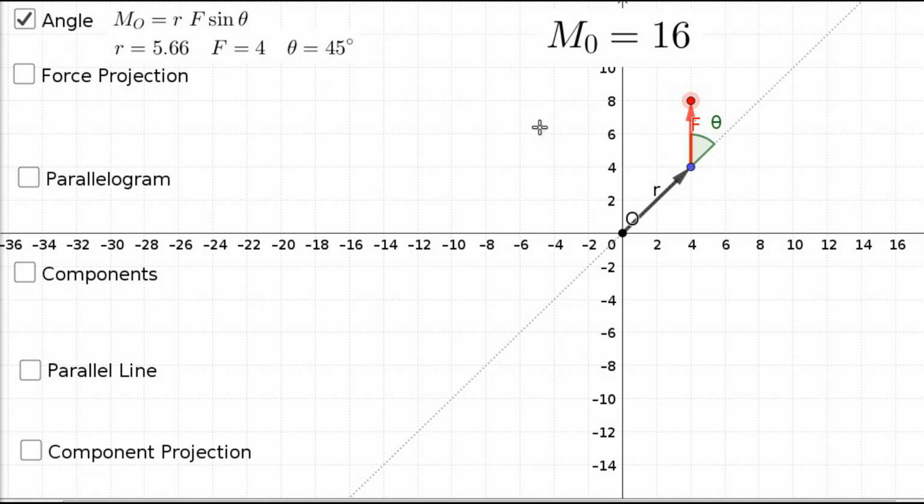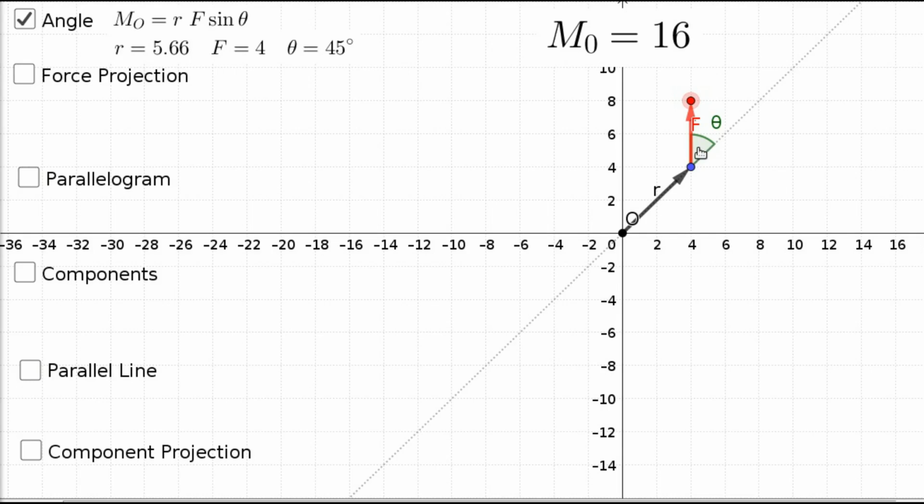And we can use this angle then to calculate the moment. We see the equation for the moment here is the magnitude of this r vector times the magnitude of this F vector times sine of this angle.